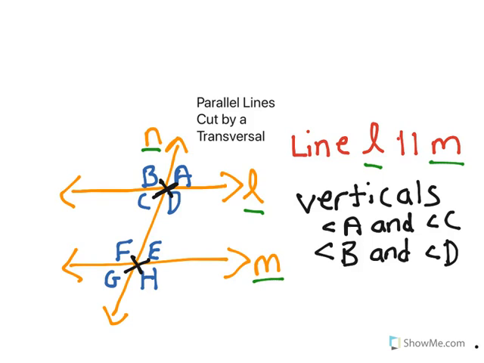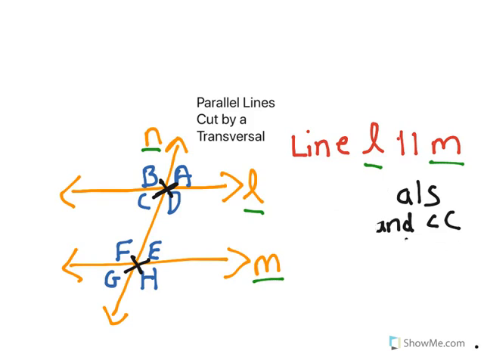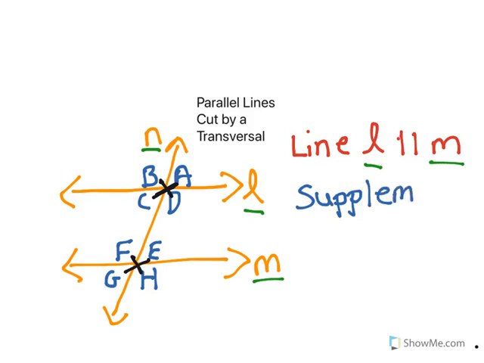All right, I'm going to erase that real quick and then move on to our next type of angles that we're going to identify. The next type that we're going to talk about are what are called supplementary angles. Now, supplementary angles are not equal to each other or not congruent. Supplementary angles are angles that add up to 180 degrees.